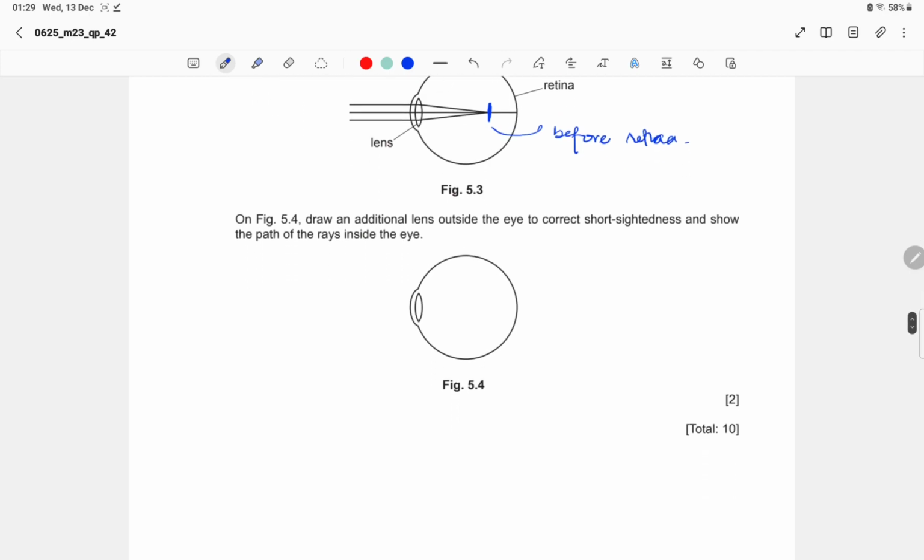So you need a divergent lens to do this. Rays of light will come like this. One, okay, draw the straight line. Two, oopsie. So this is going to be the right image.